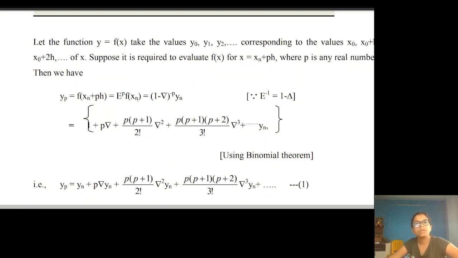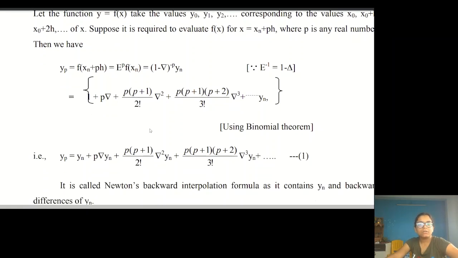Now we know the relationship between the operators. So to get this, we could say (1 minus nabla) to the power minus p, and we would get this from the relationship between e and nabla.